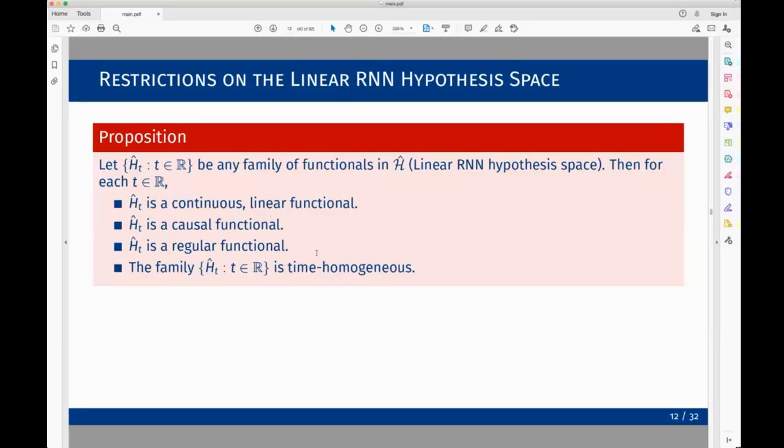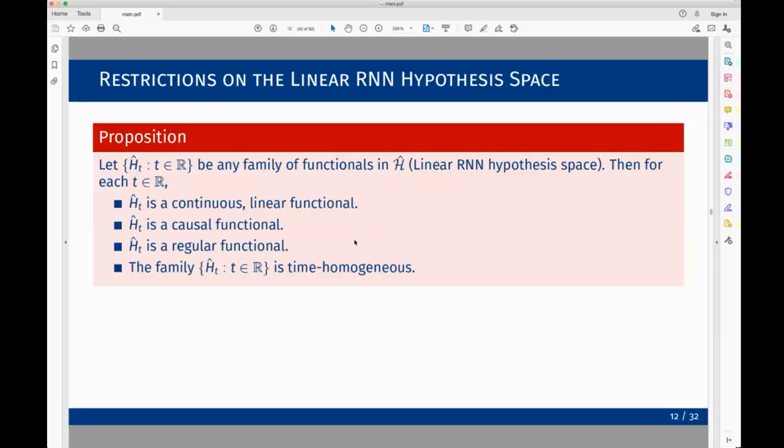It is also a regular functional, because regular means that if our input signal converges to zero input in a certain sense, then our output signal will also give us zero output. So you can imagine our output signal does not depend on an infinitesimal segment of the input signal.